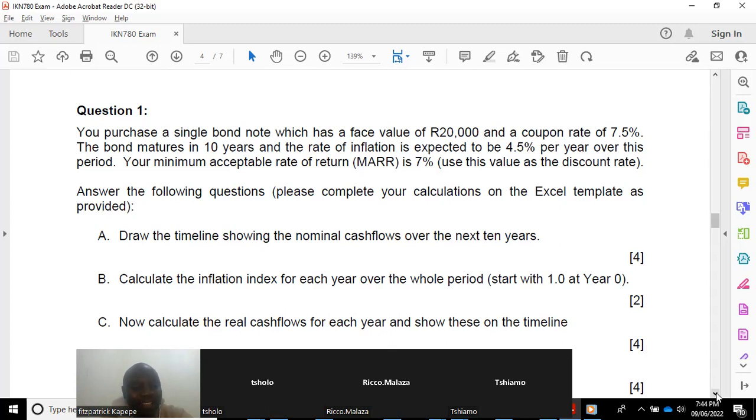But at the year of redemption, you will not only get your coupon, you will also get your investment in full. So if it is 10 years, we expect in the 10th year, this 20 million will actually be part of the investment.